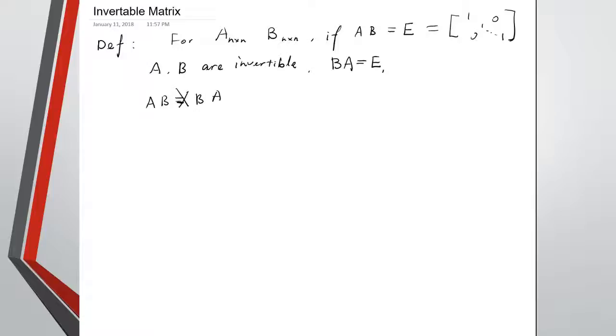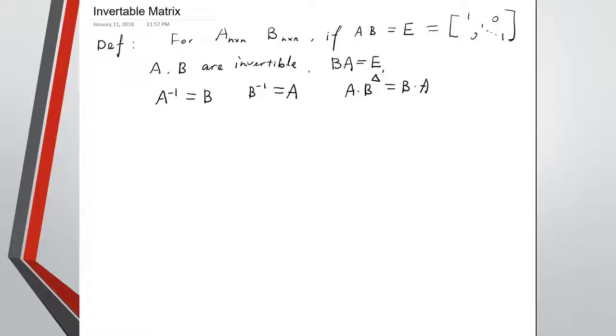However, for these invertible matrices, we can say that A and B's multiplication, no matter which one is on the left, which one is on the right, will always be this E matrix. And also we can say that A's inverse matrix will be B, and B's inverse matrix will be A. Okay? So in this case we have A times B equals B times A.